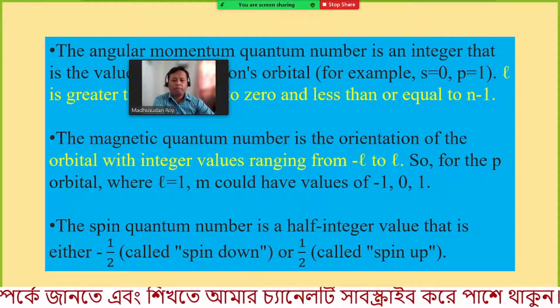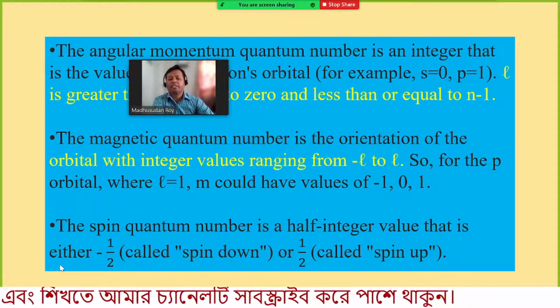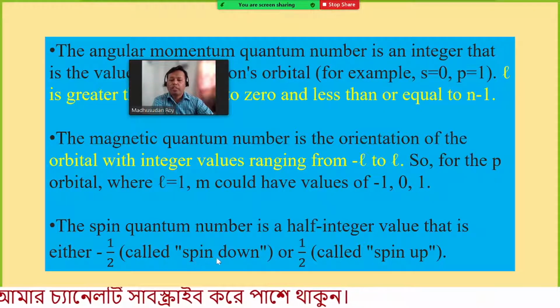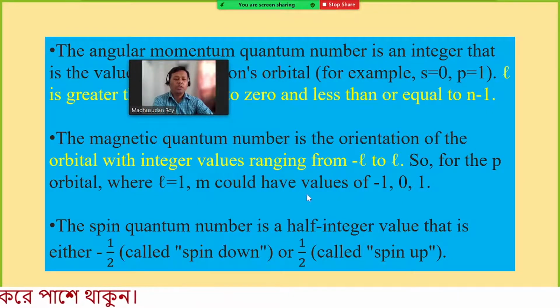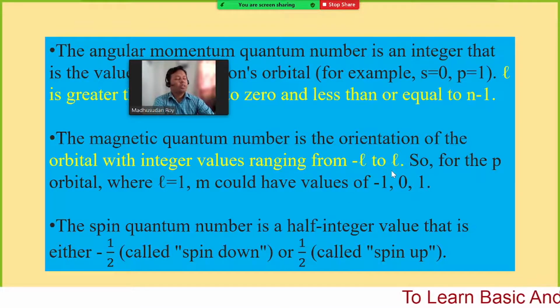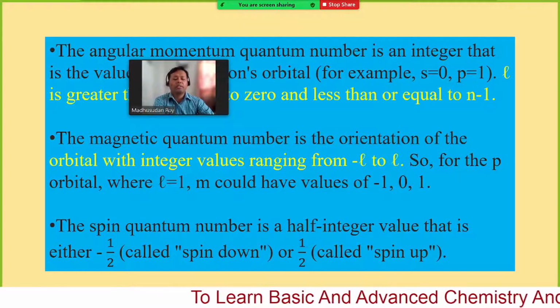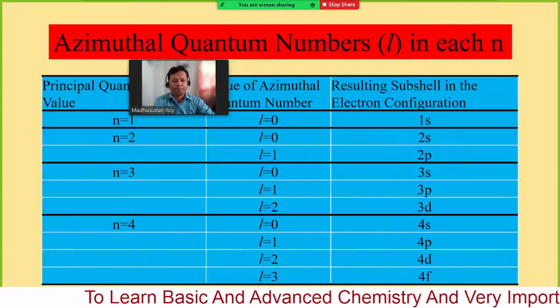The spin quantum number is either minus half, called spin down, or plus half, called spin up. To get the electronic configuration of any electron, we will use all 4 of these quantum numbers to define it, and we will see that all 4 quantum numbers for a specific electron cannot be the same.